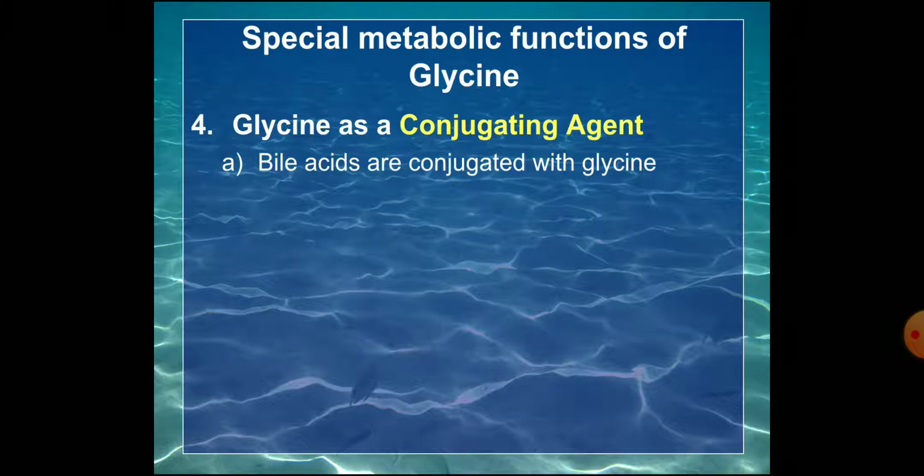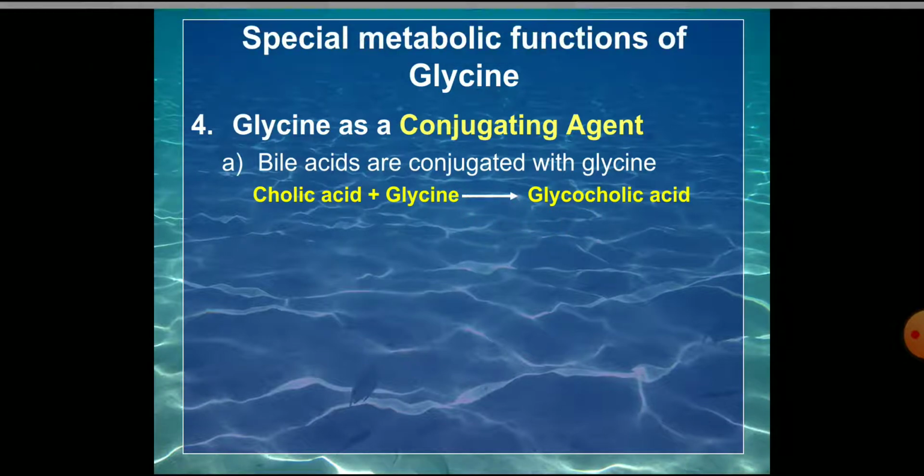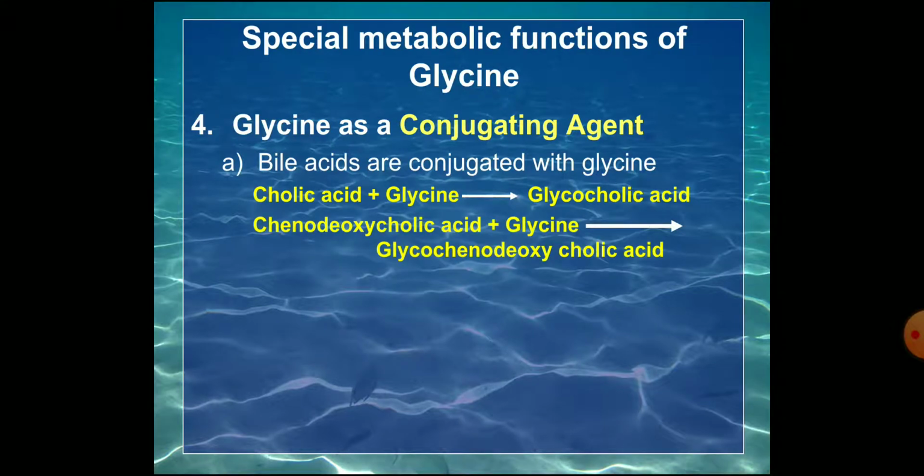Bile acids are formed and conjugated with glycine to form glycocholic acid or glycochenodeoxycholic acid. So cholic acid plus glycine forms glycocholic acid, and chenodeoxycholic acid plus glycine forms glycochenodeoxycholic acid. These are the bile salts, the primary bile acids.